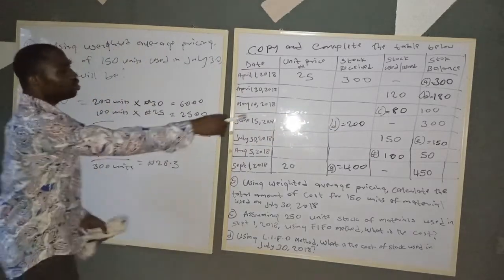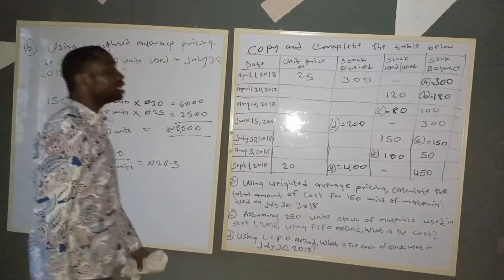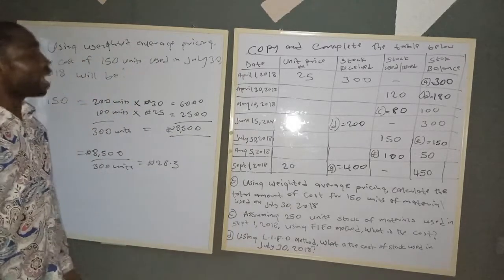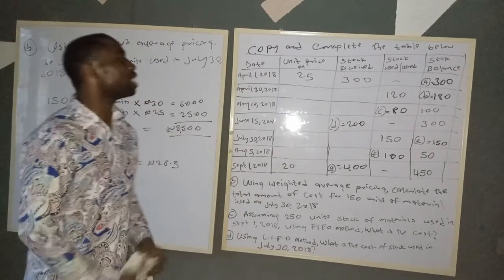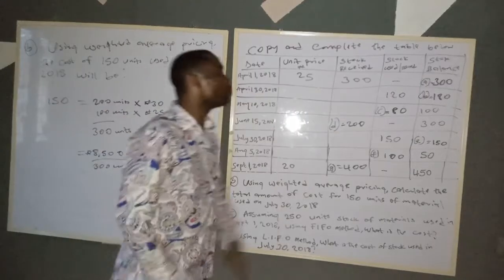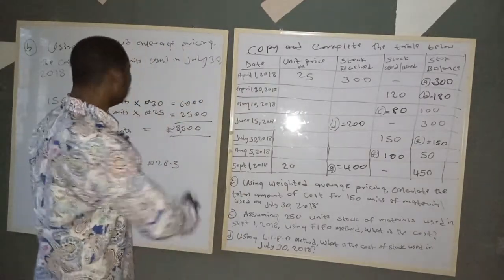We've derived a new cost from it using weighted average. So now, when the unit cost of this 300 is 28.3 naira, and we use 150 from it, and we want to know the total cost of this 150, very simple, we've gotten the unit cost already.